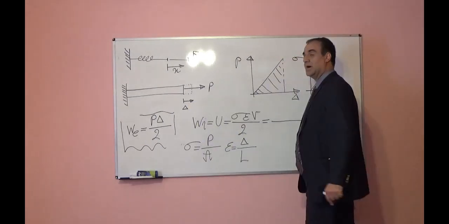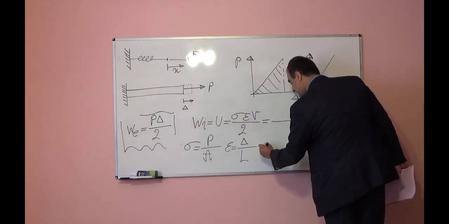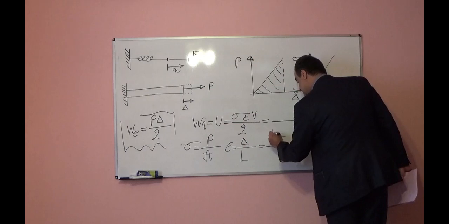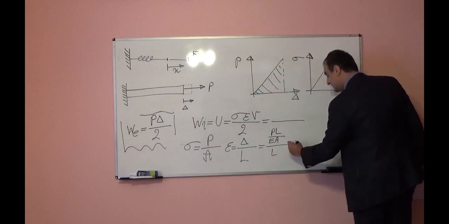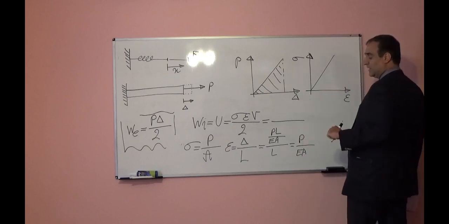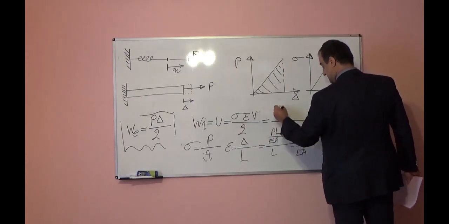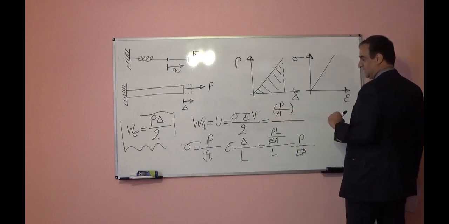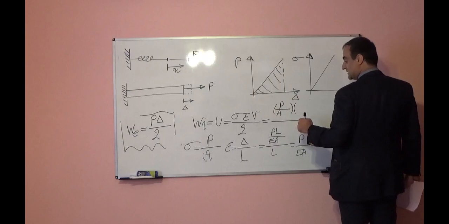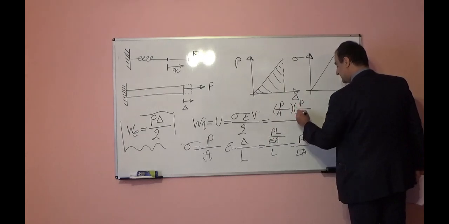If we have a straight rod subjected to external load P, the elongation from Hooke's law we can prove is P times L over EA, divided by L will be equal to P over EA. If we plug these in here, instead of sigma stress, we can put P external load divided by cross-sectional area times strain. Instead of strain, which is elongation divided by initial length, we can put again P divided by EA.